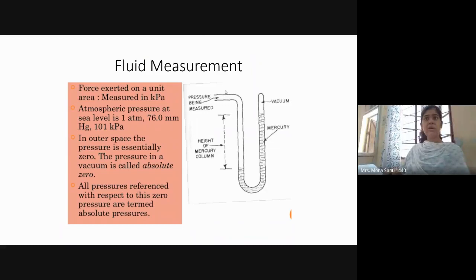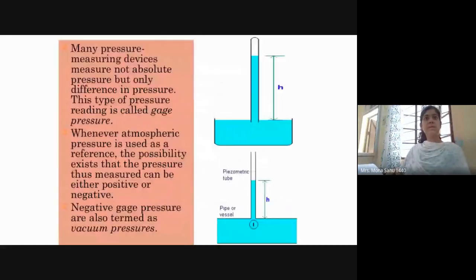So we are going to compare two pressures, the vacuum pressure as well as the pressure to be measured. So basically all the measuring devices will only measure the difference in pressure. So there should be some standard pressure to reference, for example atmospheric pressure.